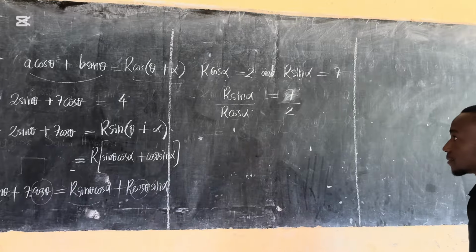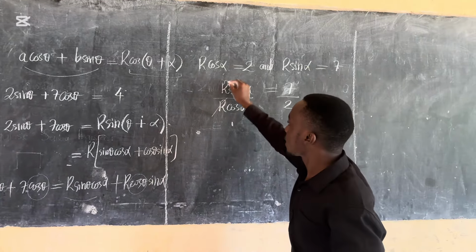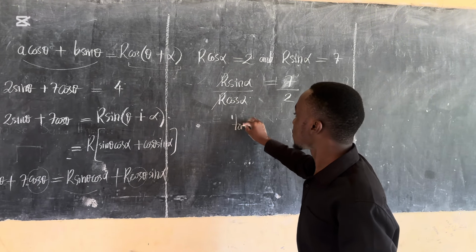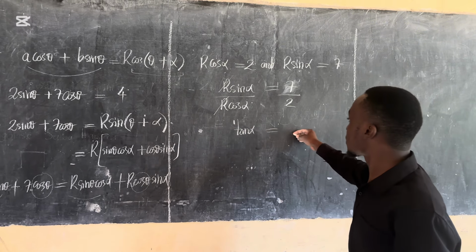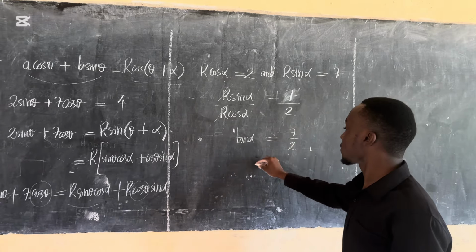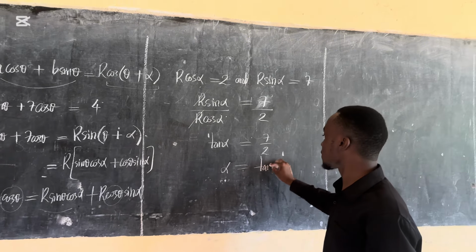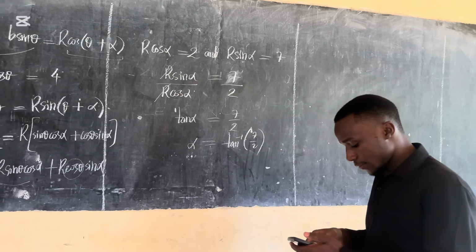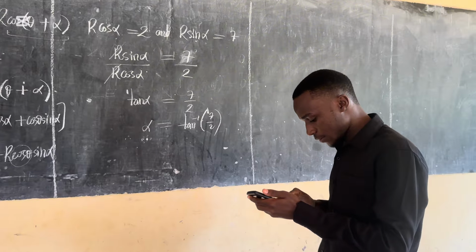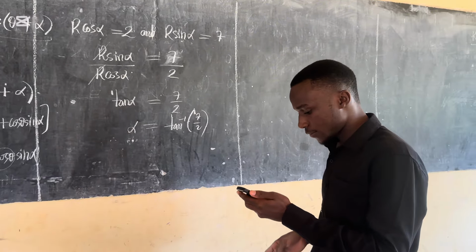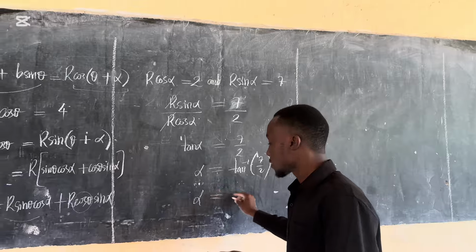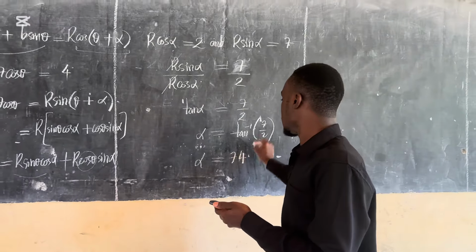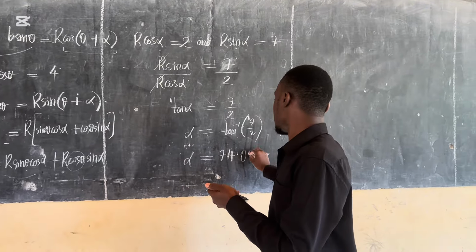This will stay together, and the R here will cancel. So this will become tan alpha equal to 7 over 2. From this I'll get my alpha as tan inverse of 7 over 2. This gets me my alpha as 74.05 degrees.